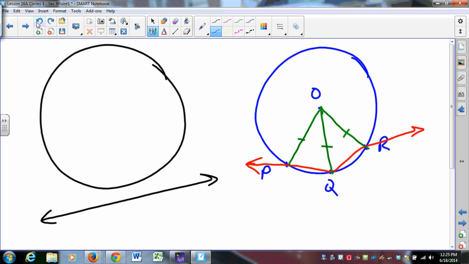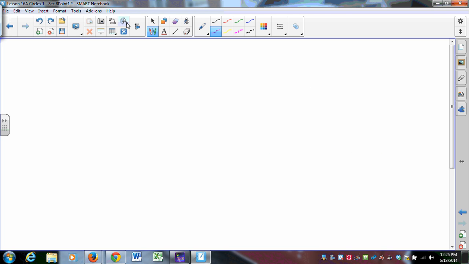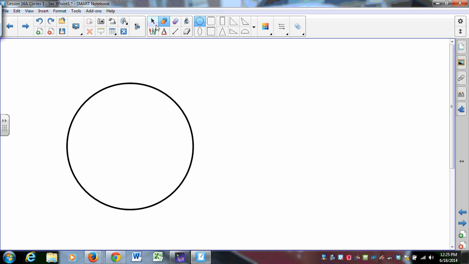We should talk about special kinds of intersections. We should talk about tangents.